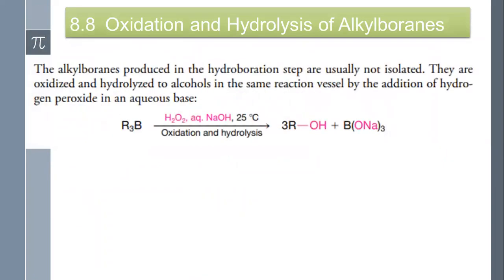Let's go to the oxidation and hydrolysis of alkyl boranes. The alkyl boranes produced in the hydroboration step are usually not isolated. They are oxidized, so it's a one-pot synthesis in the hydroboration and oxidation process of our alkene.